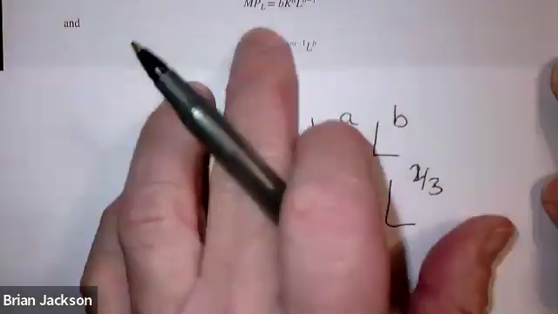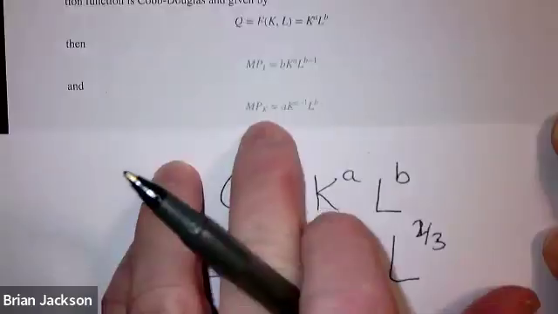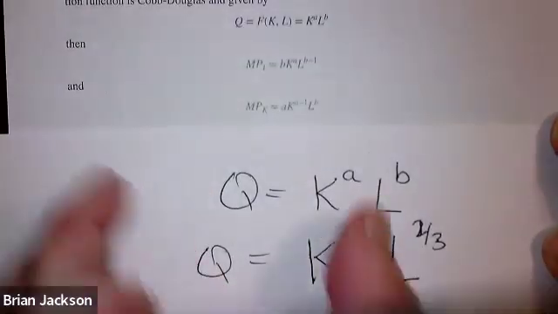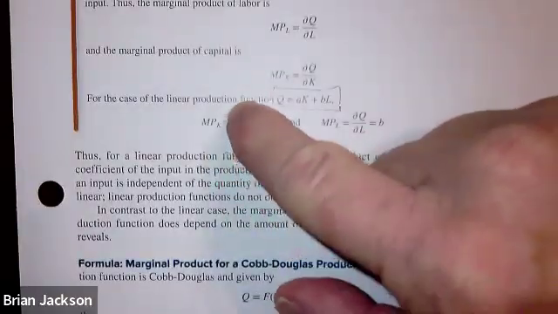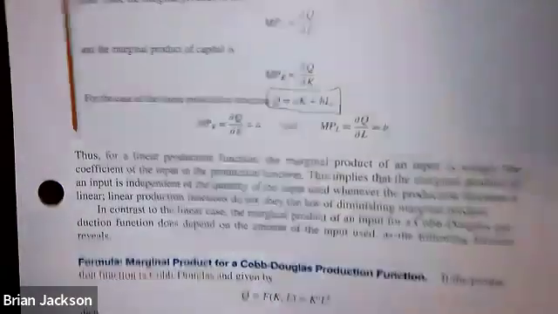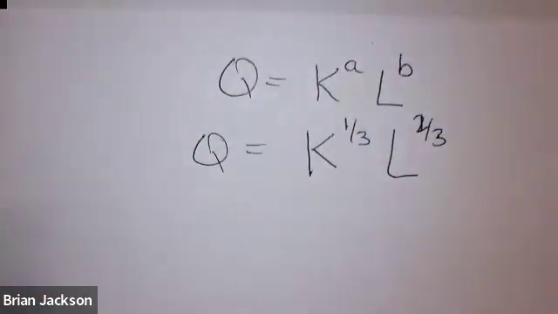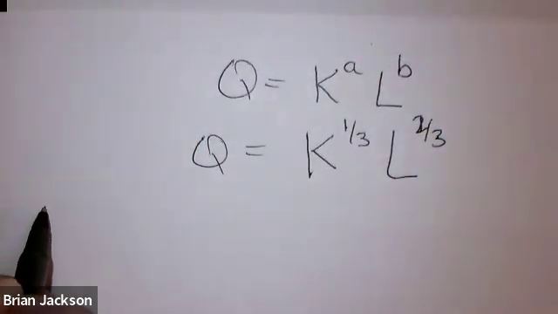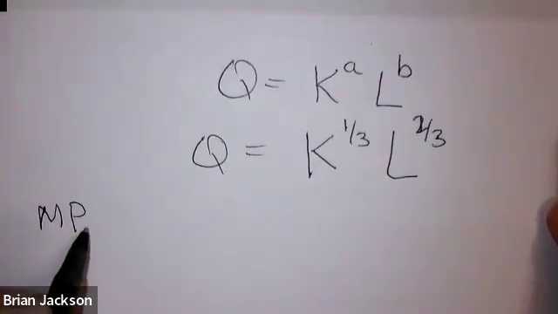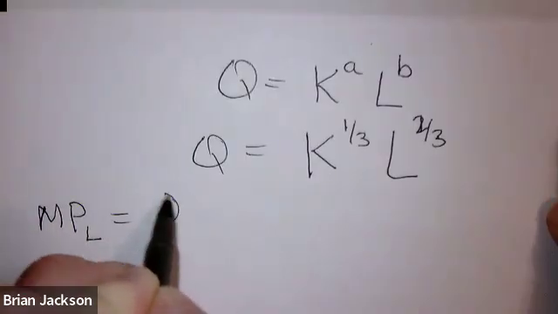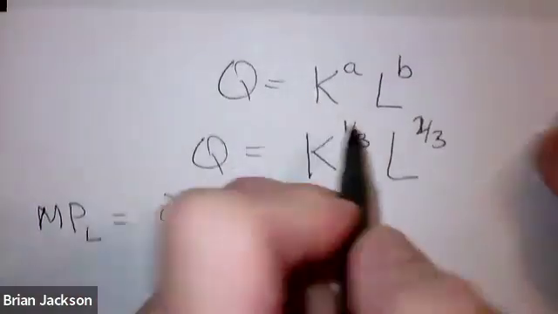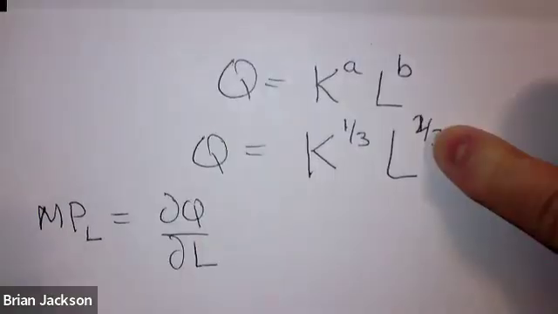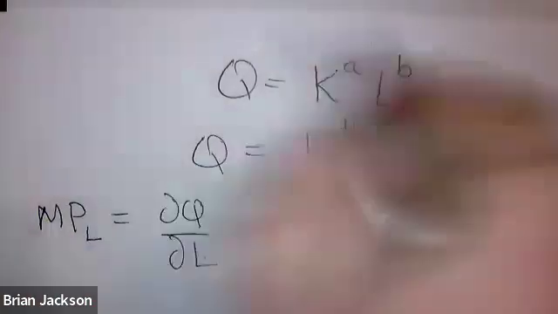Notice here they find the marginal products of labor and capital for this production function, just like they did up here, by finding the partial derivatives of Q with respect to K and L respectively. So for instance, the marginal product of labor would be the derivative of Q with respect to labor. You'd have to differentiate this with respect to labor, or you can say it's the partial derivative of Q with respect to labor. So how would you do that?